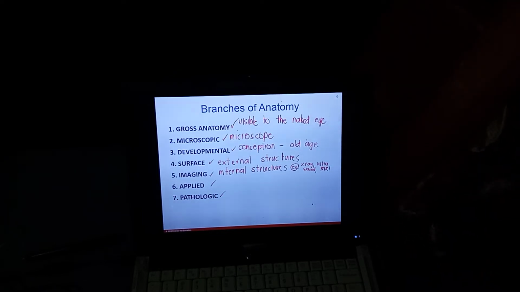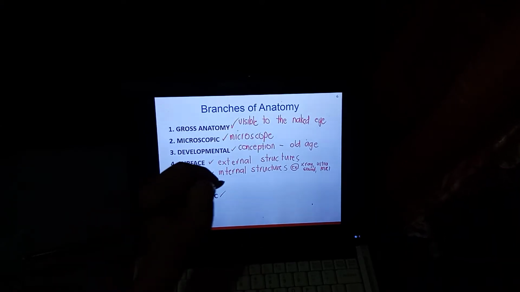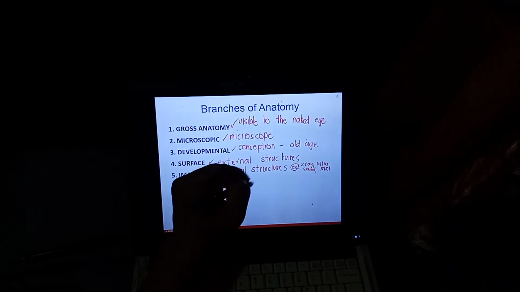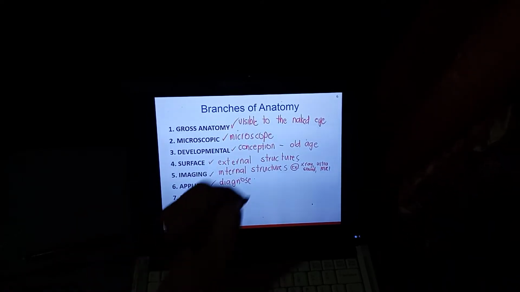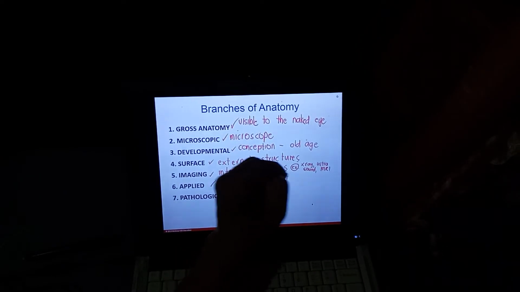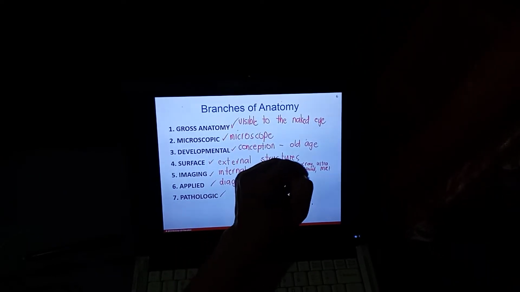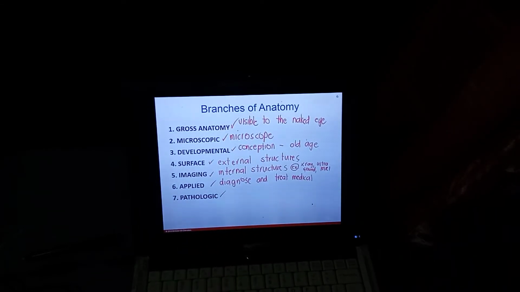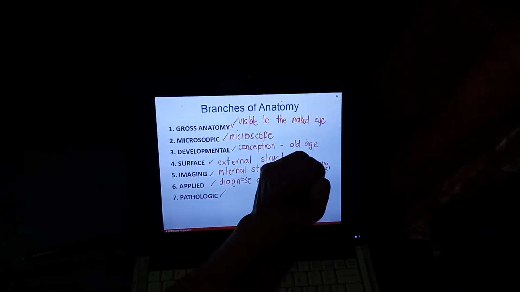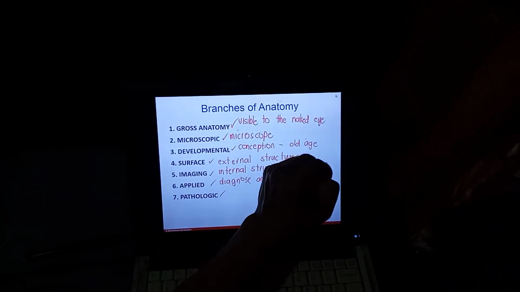How about your applied anatomy? It refers to the use of anatomic findings in order to diagnose and treat medical disorders.